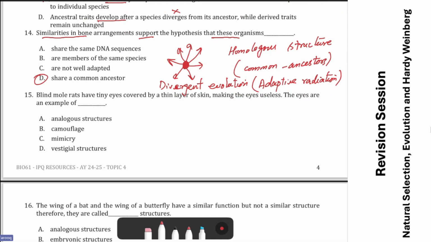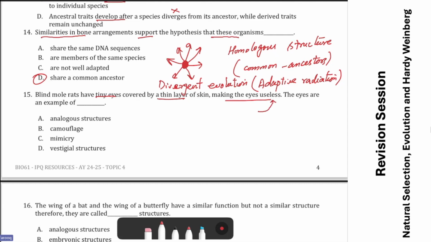Blind mole rats have tiny eyes covered by a thin layer of skin, making the eyes useless. The eyes are an example of what? So over here, we learned the concept when something was present in ancestors and it was functional, but now it is useless. So they are blind moles. They are blind. Blind means they cannot see, but they have eyes.